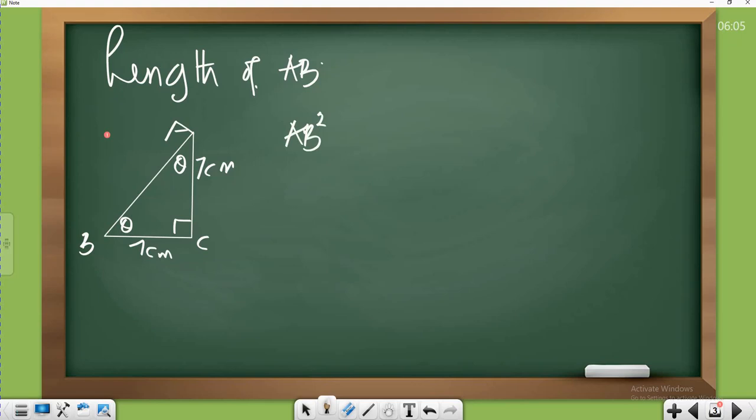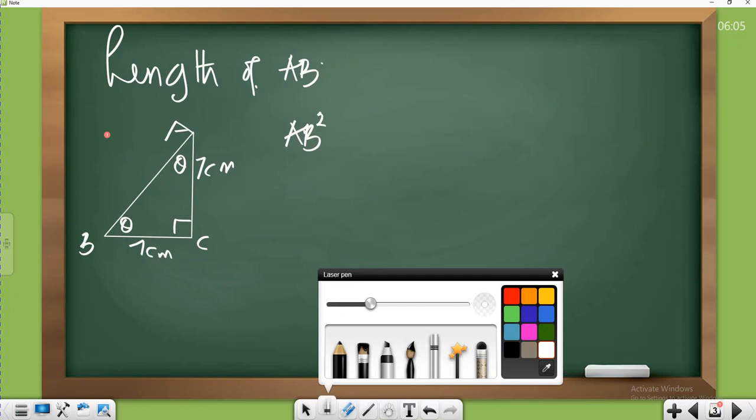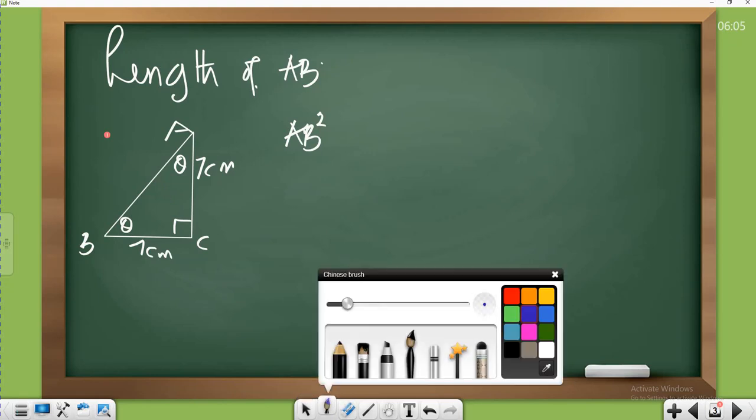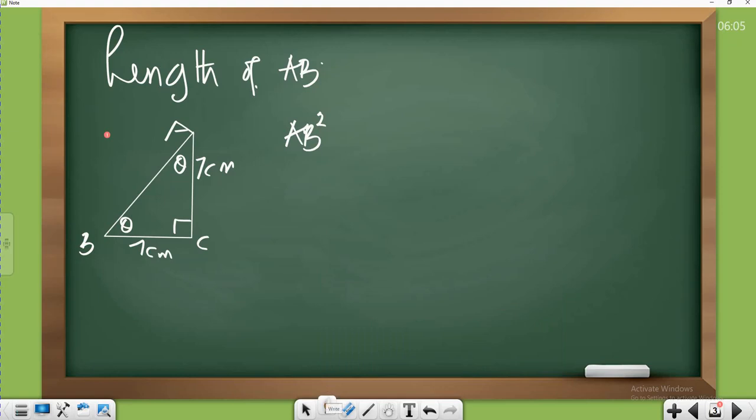Why is it the longest side? It is the angle that is opposite my 90 degrees. The angle opposite here is 90 degrees, so it is the longest side. That's one thing we must not forget. That's the hypotenuse, the longest side, and that therefore should be equal to AC squared plus BC squared, the sum of the other two sides.